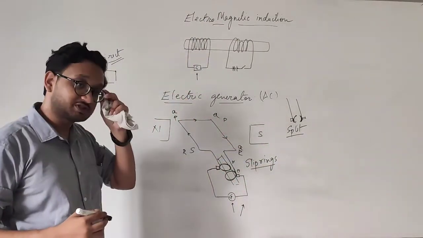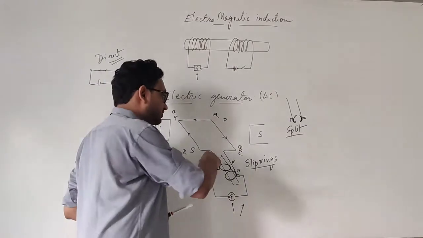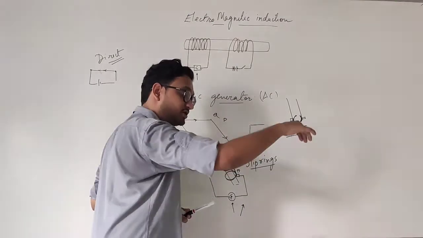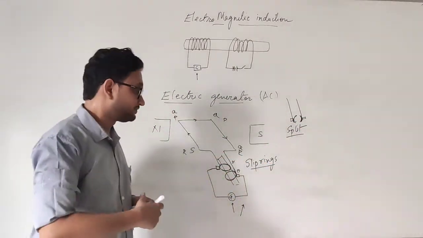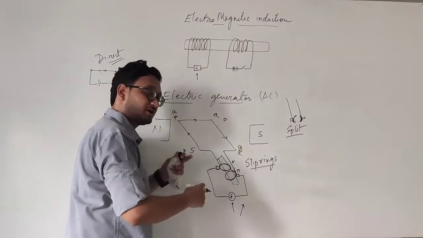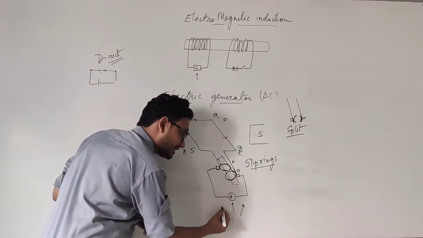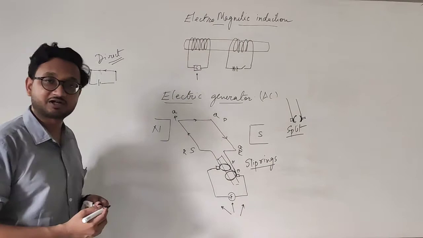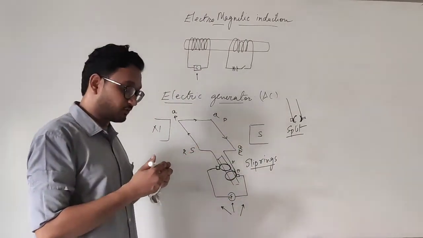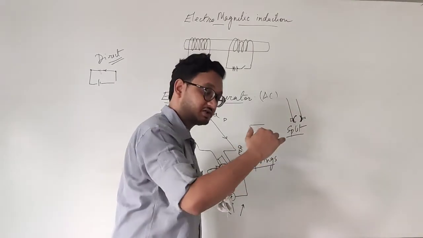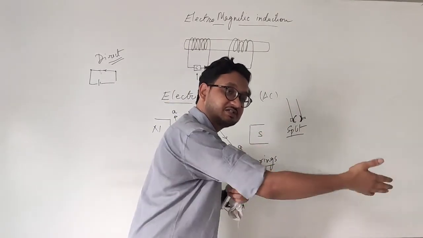Now the sides are switched. So what happens is, when we go to this point, now P and Q are on that side. So P and Q, once again current goes in that direction, and therefore the direction of the current changes, and that is why we have slip rings over here, and the galvanometer will show the deflection in the other direction after half the turn. So when the full rotation is completed, after half of the rotation, the current's direction is on this side.